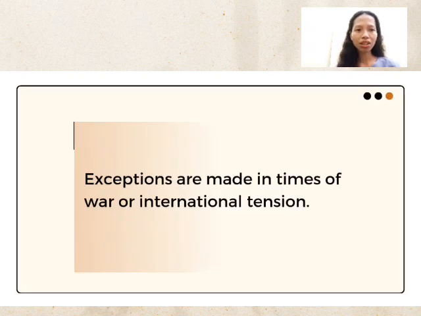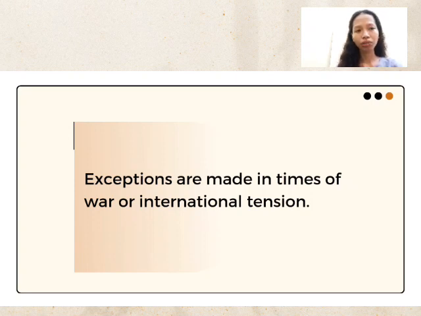So exemptions are made in times of international tension. Why? Exemptions for these reasons are typically made with the intention of addressing immediate and pressing national or international issues. However, it's important to note that trade restrictions and exemptions are subject to international law, and their use is regulated by organizations like the World Trade Organization.